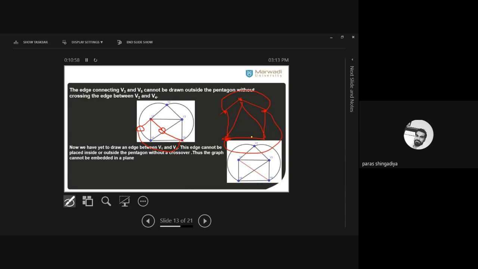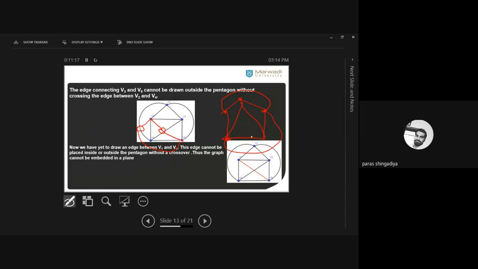Delete V5. Which shape will you get? If you delete one vertex from K5, which shape do you get? K4.